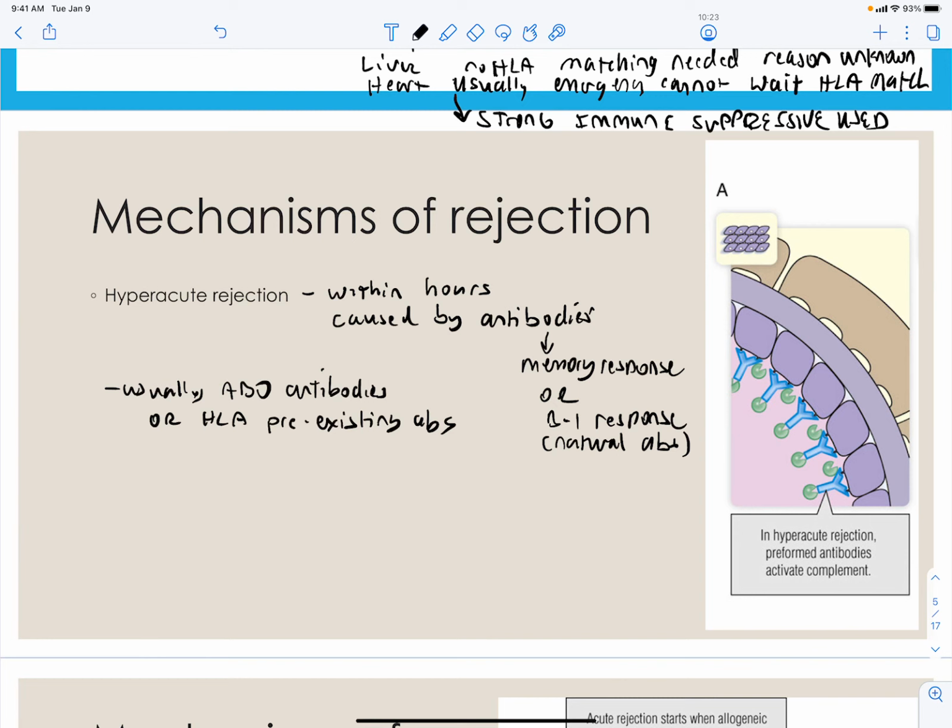Basically, your recipient oftentimes is not healthy, had maybe some blood transfusions, and was exposed to antigens through those transfusions. They may have also formed anti-HLA class 1 antibodies after exposure to allogeneic lymphocytes during pregnancy or even a previous transplant. So the antibodies are memory, and they're going to trigger a type 2 hypersensitivity reaction.